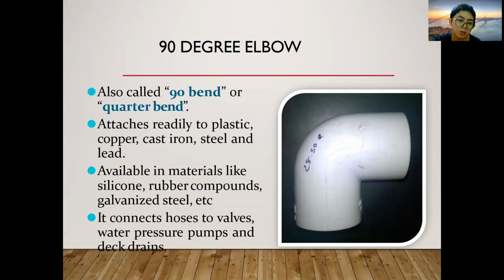Why? Because it connects hoses, for example, to the toilet bowl. There are water pressures and valves there, so it is really important to use this kind of 90-degree elbow. It is available in materials like silicone, rubber compounds, galvanized steel, etc.